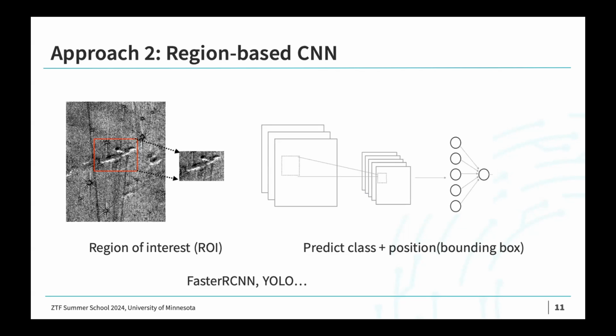The other approach is that the neural network can not only tell us whether there are echoes in the image, but also locate their exact positions in the images. This framework is pretty useful for large images, large fields of view, such as ZTF or LSST.